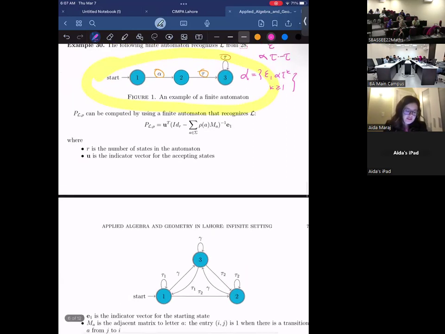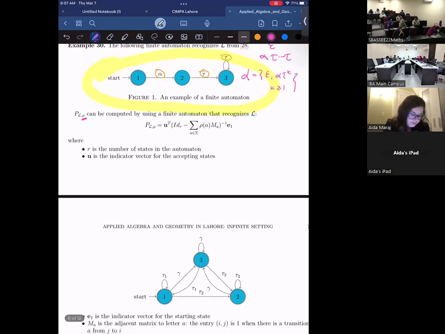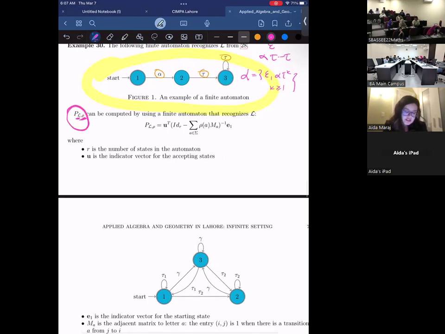Given a finite automaton like this one, and given some weight function rho, we have a language L and a weight function rho, and we can compute the generating function using the automaton. Here is the formula.